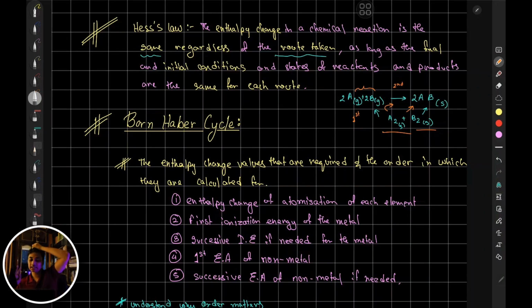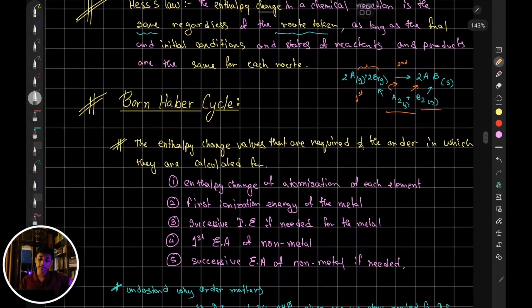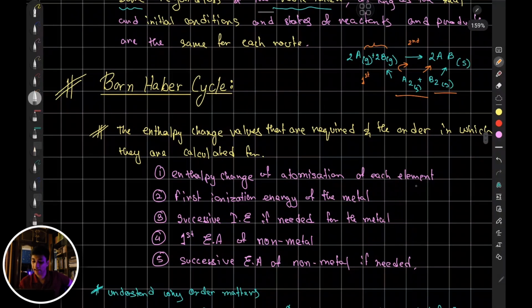Now, how does this apply to the Born-Haber cycle? The Born-Haber cycle basically breaks down an equation into several individual steps. Meaning, let's say you're trying to react sodium and chlorine gas to form NaCl. What do you do? The first thing you do is atomize each of the elements.